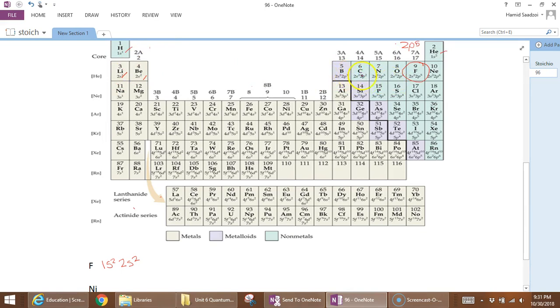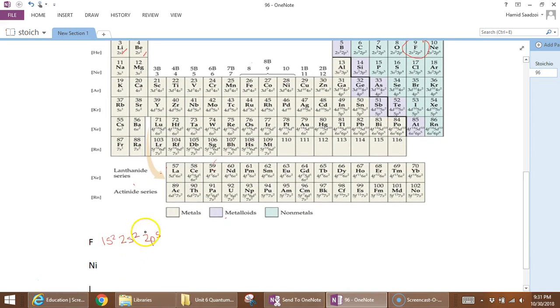And you can see that you go P1, P2, P3, P4, P5. So my stop sign for this is P5. So I will put the 2p5. Now I can verify that I did it correctly by counting my total number of electrons. Fluorine has atomic number 9. You can see down here, you actually have 5 plus 2 plus 2. That's 9 electrons, so I'm good to go.